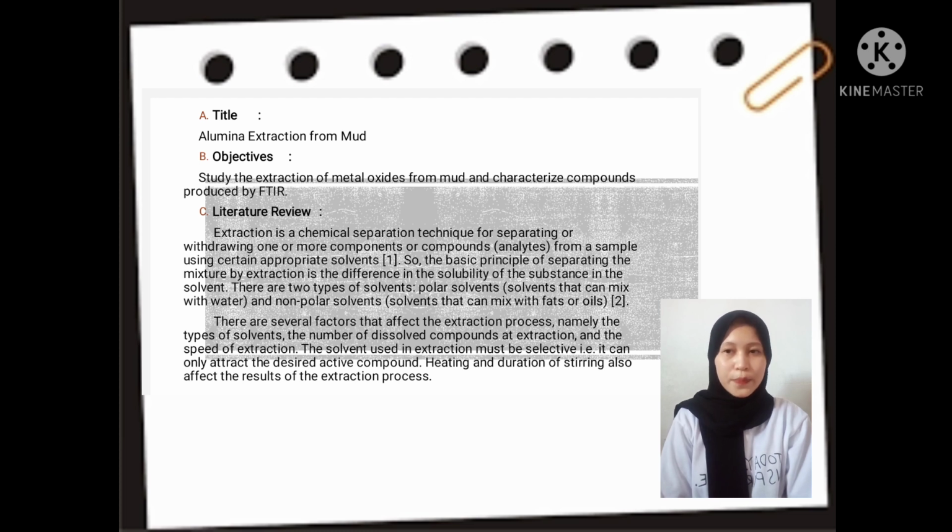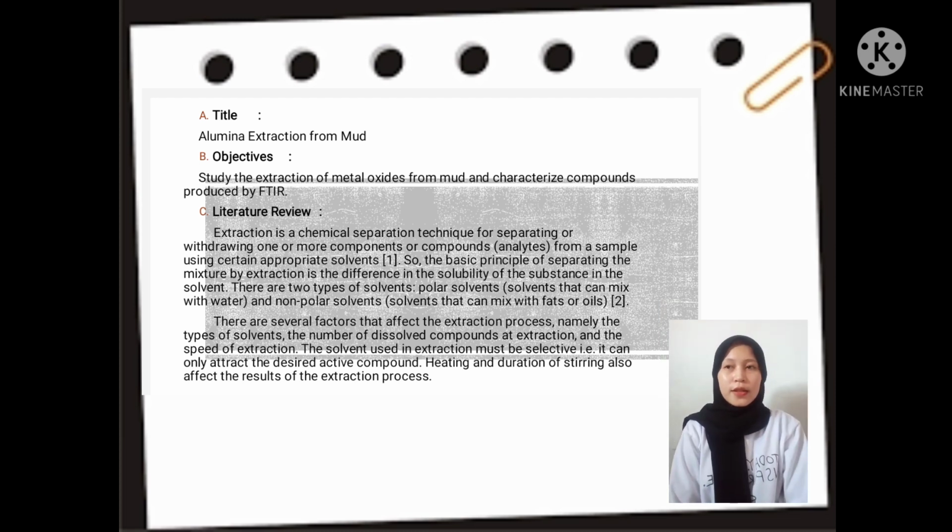There are two types of solvent: polar solvent that can mix with water, and non-polar solvent that can mix with fats or oils. There are several factors that affect the extraction process, namely the type of solvent, the number of dissolved compounds at extraction, and the speed of extraction.